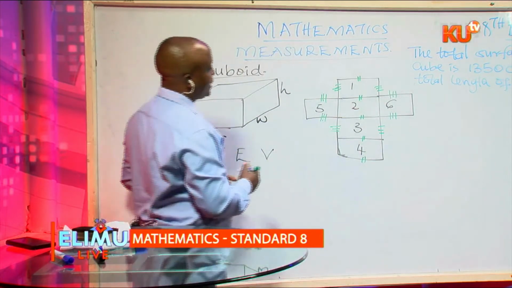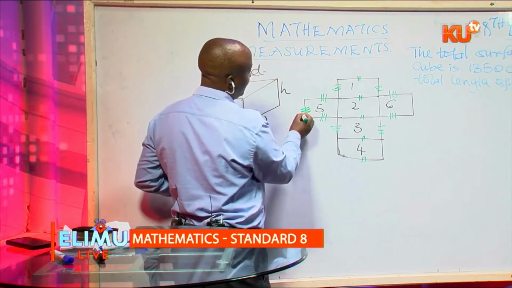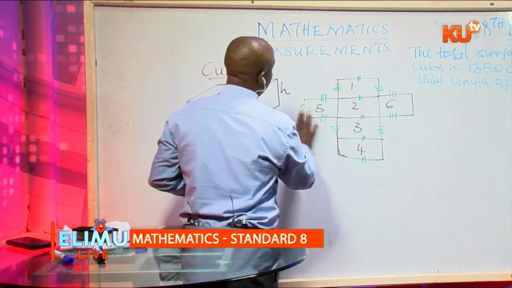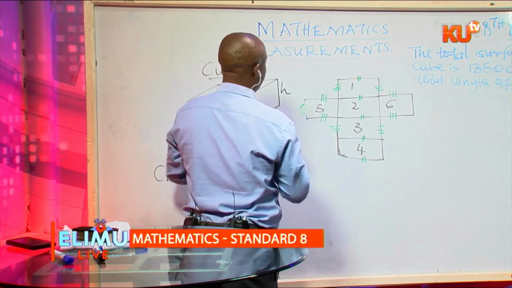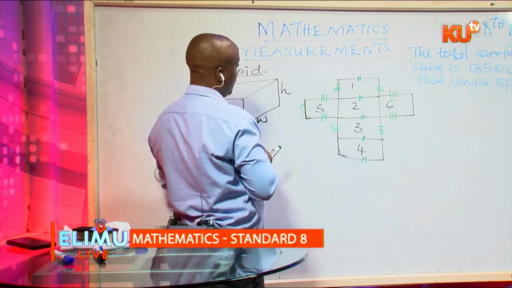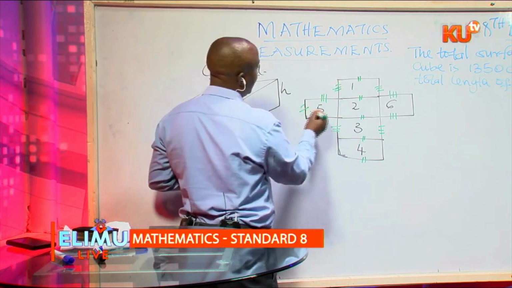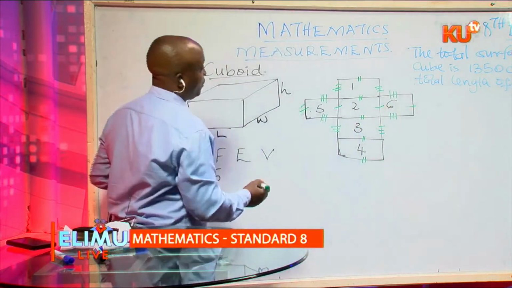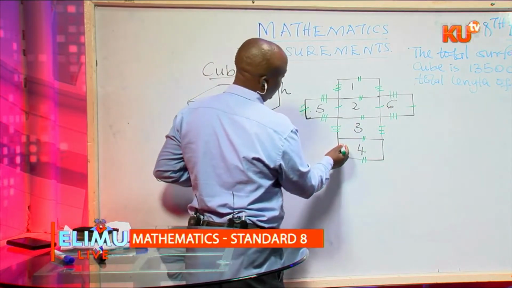So then from there we have these others. Here we have 4 others. Let me mark with 1. So this one, this one, this one, and this one will also be equal together with this one.